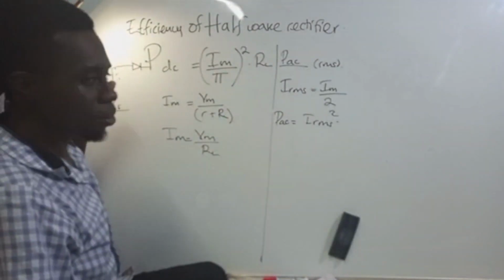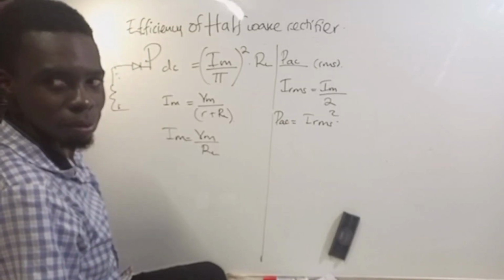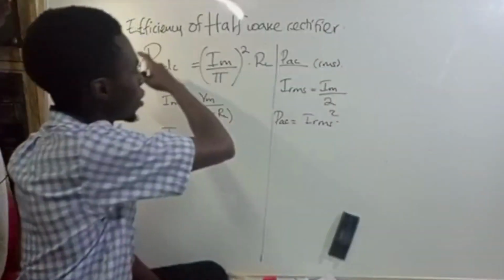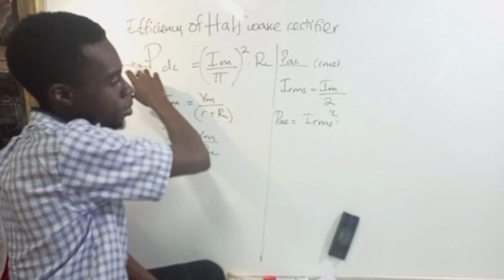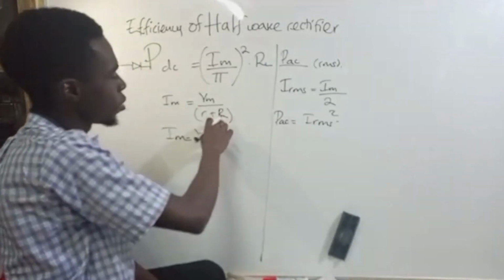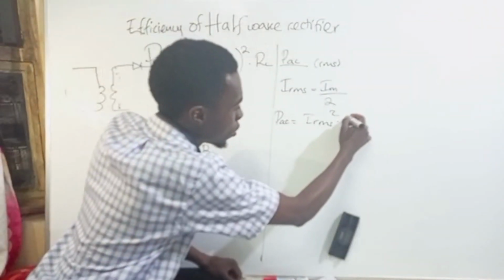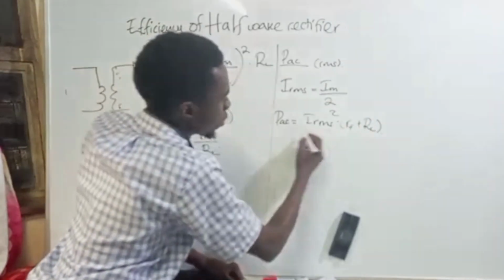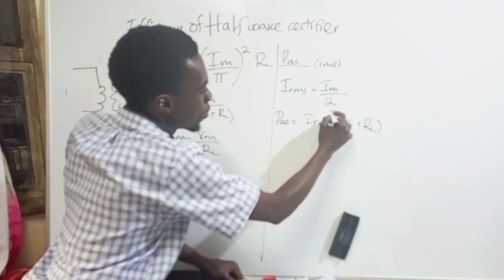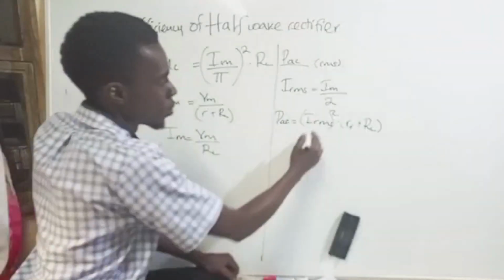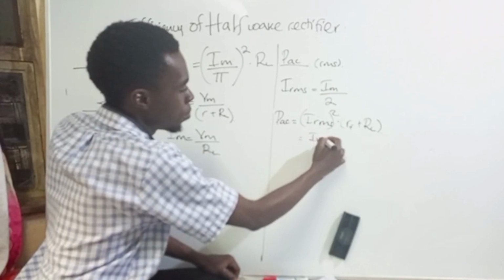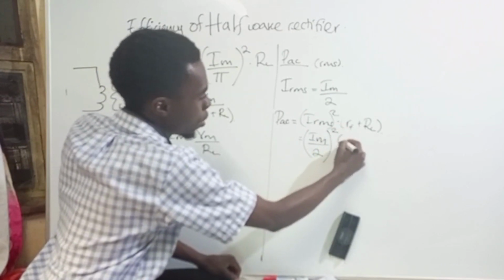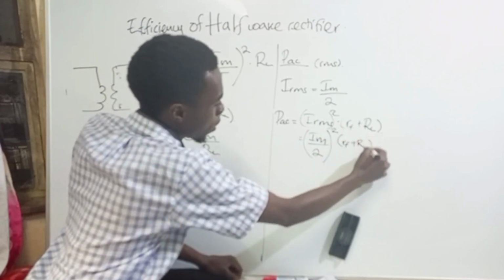My total resistance across this section is simply the resistance of the diode plus the resistance of the load, so this is going to be RF plus RL, but this is IRMS squared. So when I substitute for that, I'll have Im over 2, squared, times RF plus RL.